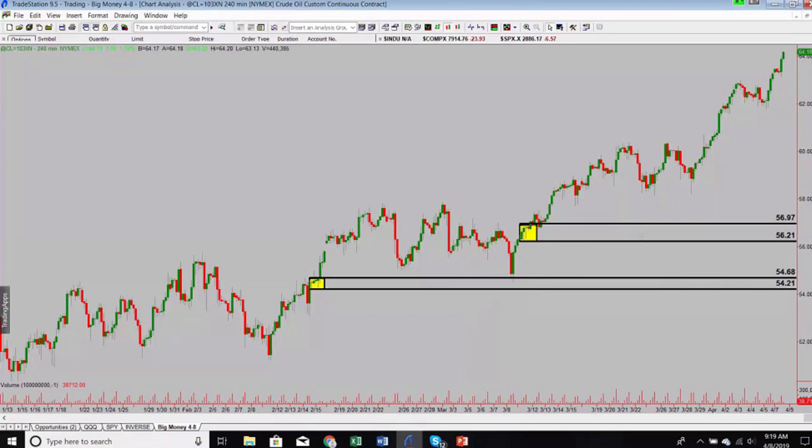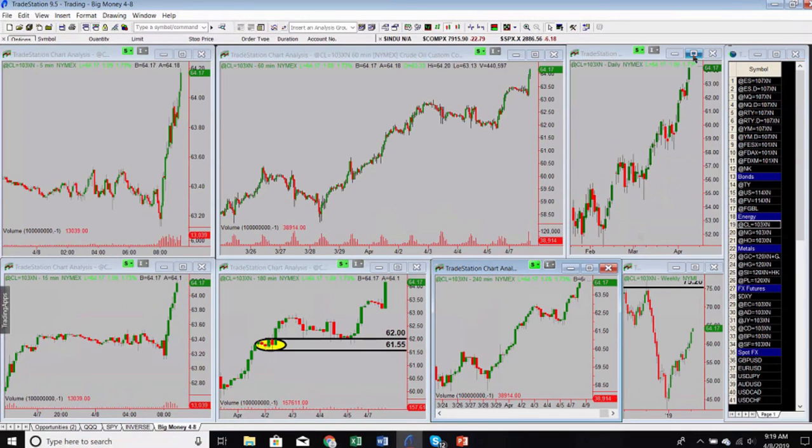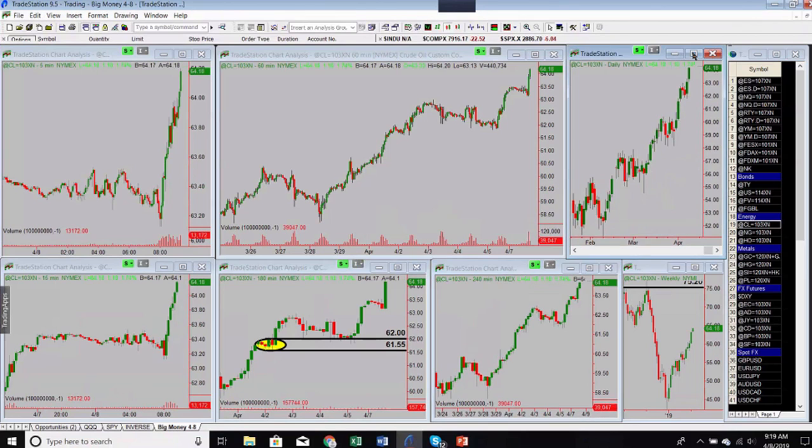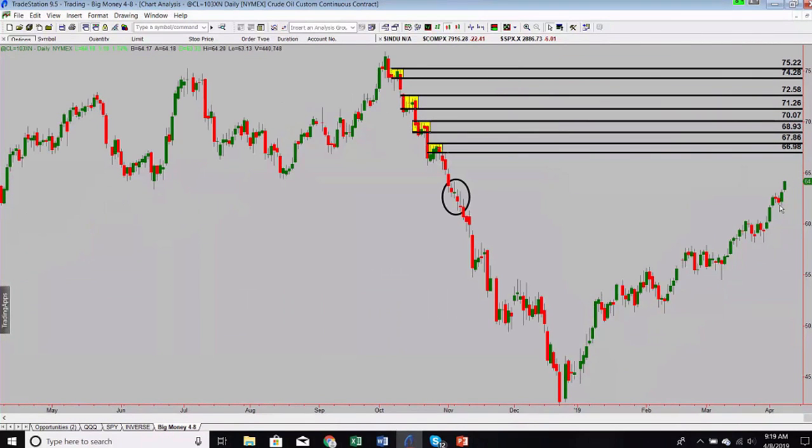Okay, so let's say you're on a 60-minute chart and you see, oh, this is a great example right here. Watch. If I go to the daily chart of oil, well, I guess you see two there, but see how there's maybe two red candles in that base? But let's pretend for a second that there was one. I would never take that and call it demand.